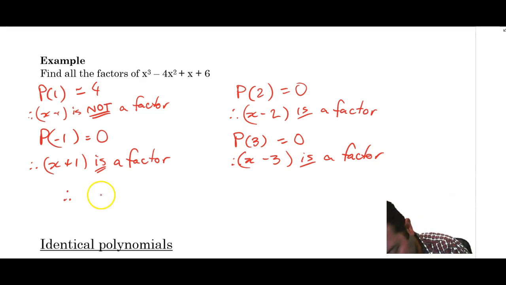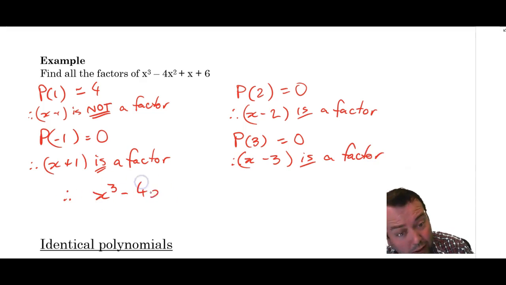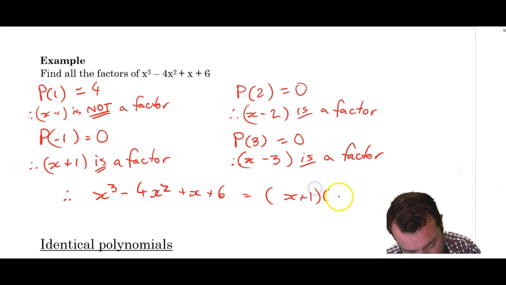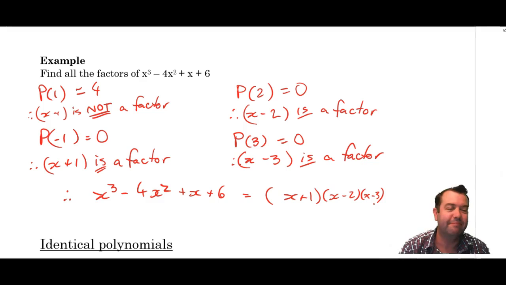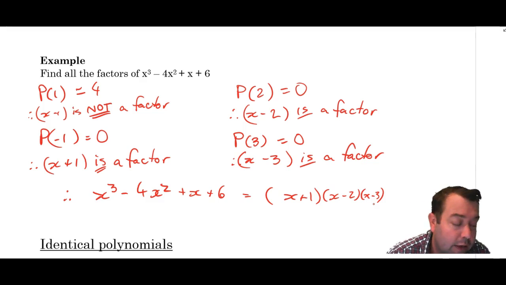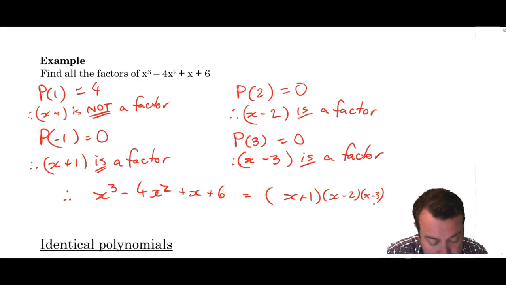That means that x cubed minus 4x squared plus x plus 6 is equal to x plus 1, x minus 2, x minus 3. We could have used some polynomial long division there, but that's generally slower and takes up more space. Testing numbers that we've narrowed down is relatively fast, and we have managed to factorize a cubic equation there.